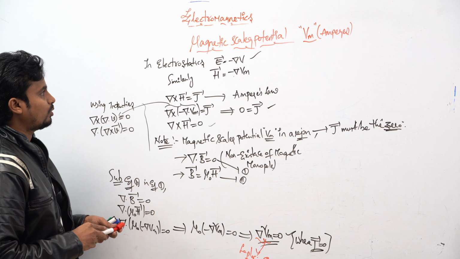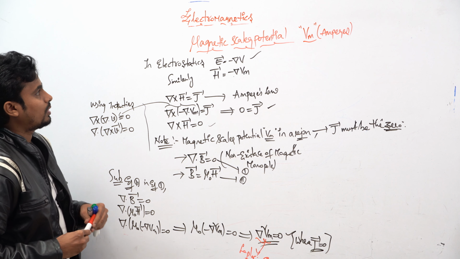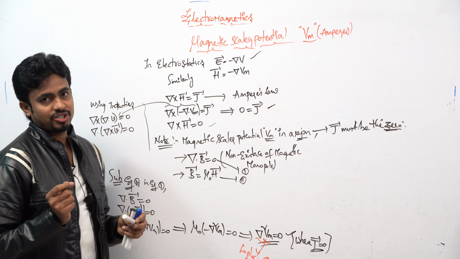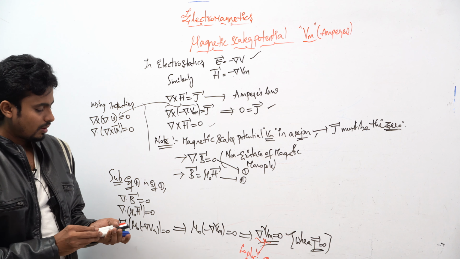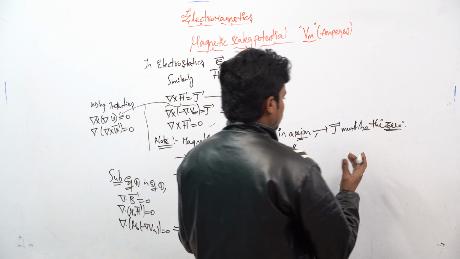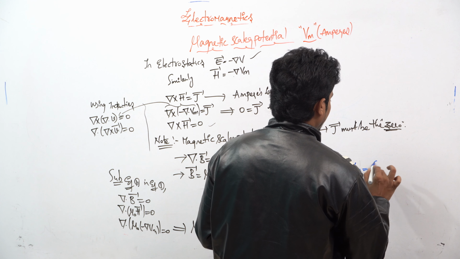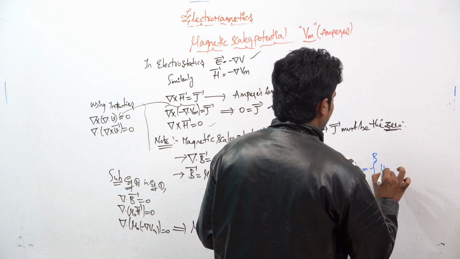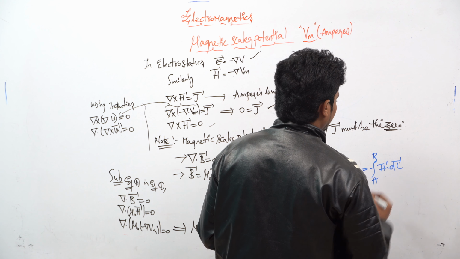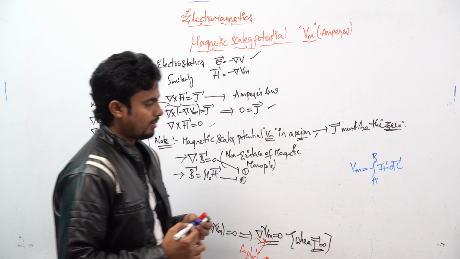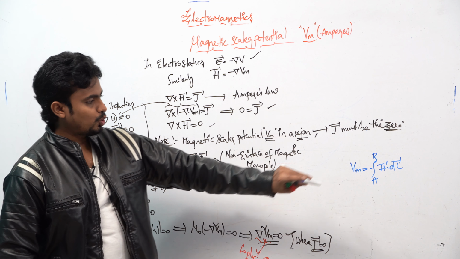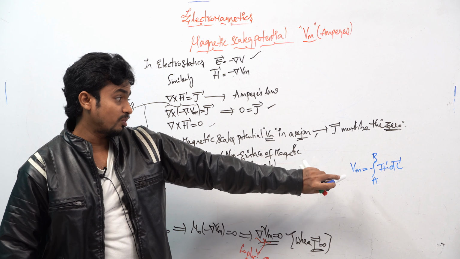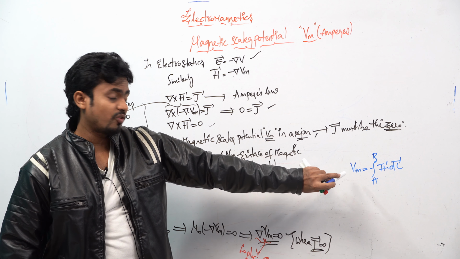If you want to find the potential, it is directly defined as Vm equal to minus the integration from a to b of H bar dot dl bar. I already told you that in the electrical potential it is also the same formula, right?